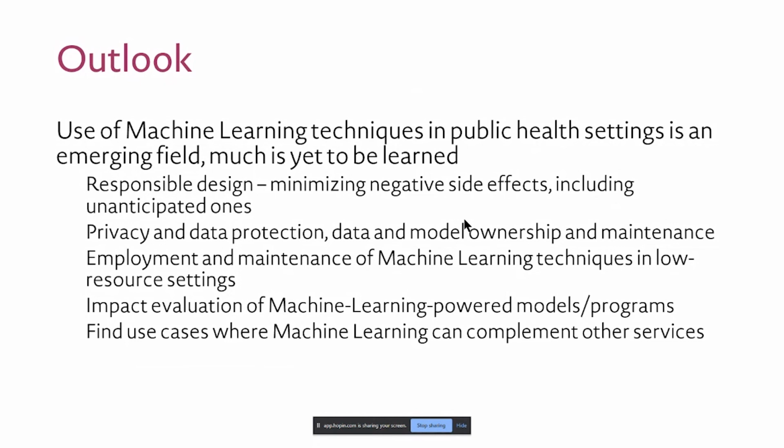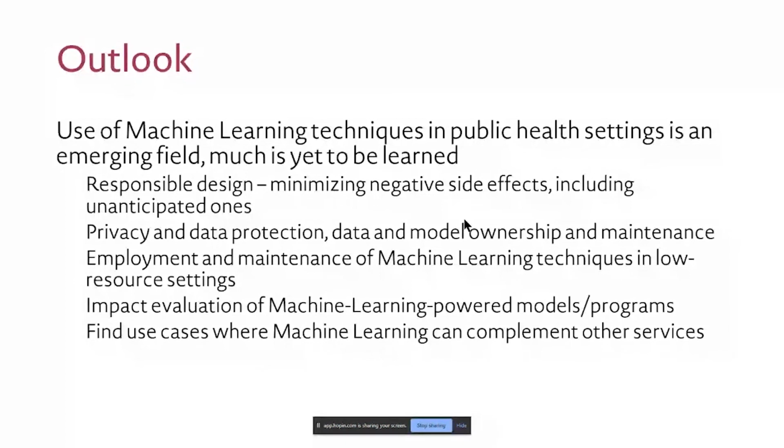Privacy and data protection is an important issue. It is something that gets more and more understood, and it is something that we can now discuss with different partners, because different partners, including government, understand it, but it is still something where we face open questions like data and model ownership, maintenance, and governance.